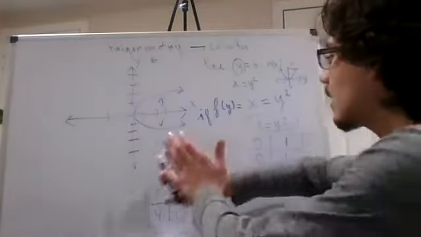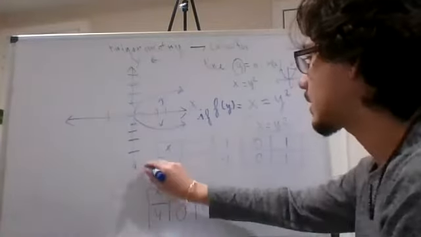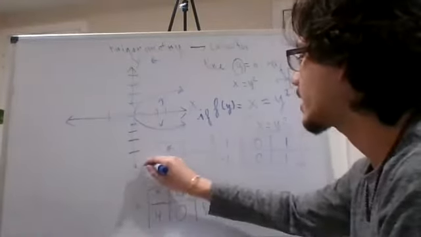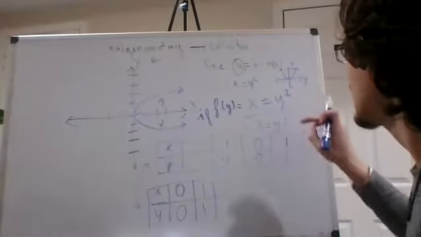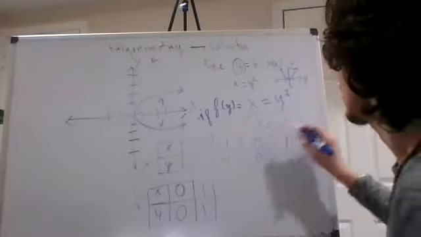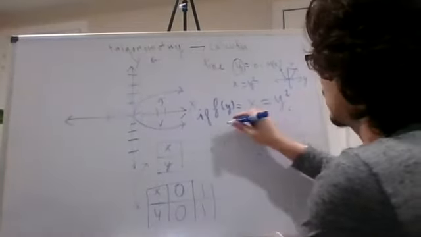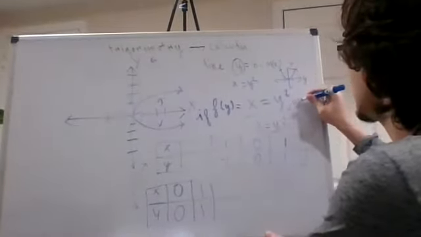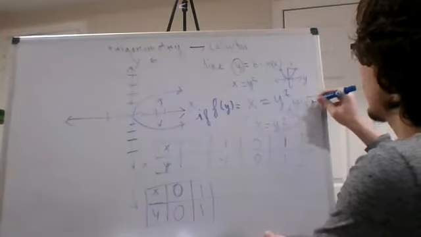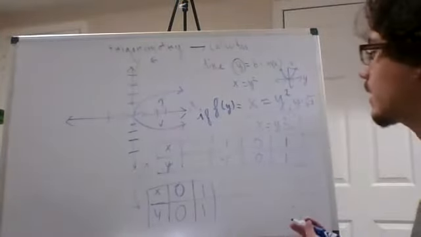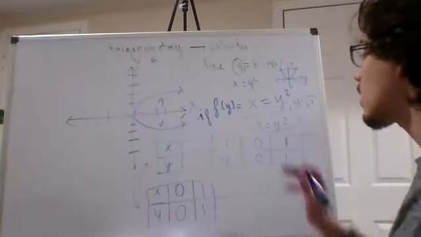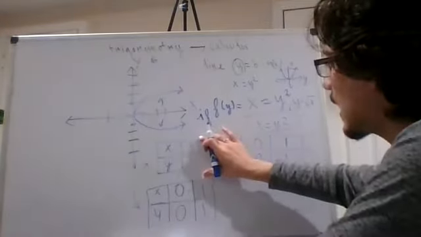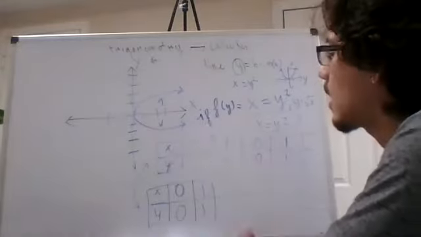So these two charts are the same equation, because that's what we said, that y is equal to the square root of x. That's what we said, right? Yes, sir. So this chart is the same as this chart in a way.